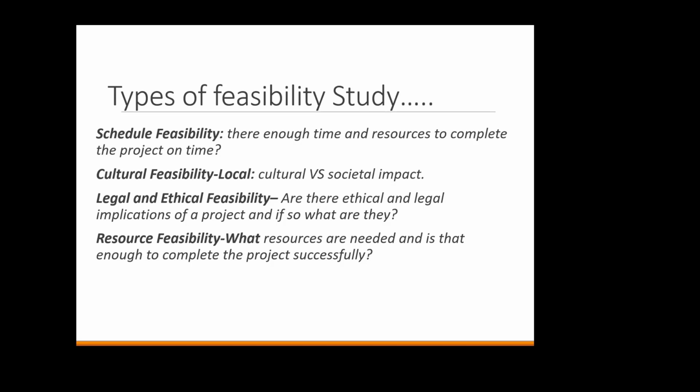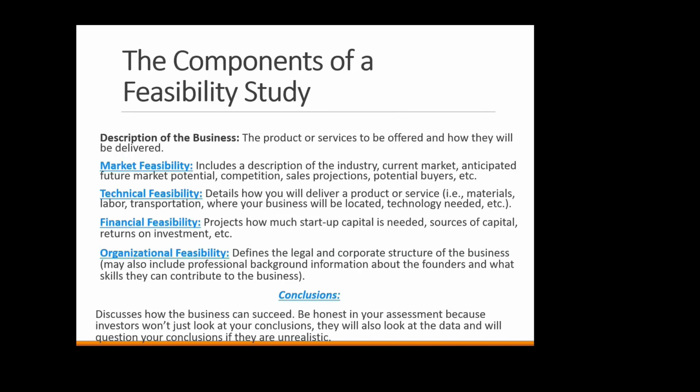You should also consider legal and ethical feasibility, how well they comply with the mentioned parameters, and then of course resources, what type of resources they need to complete any type of project.